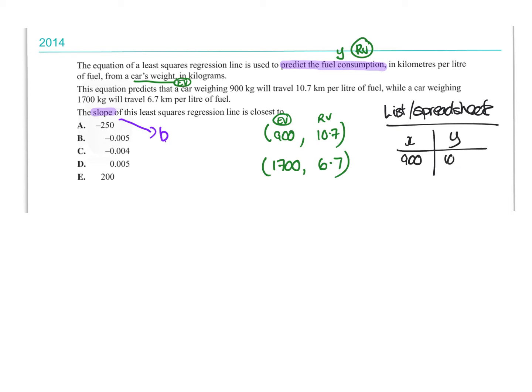Well, we're at 900, 10.7, 1700, 6.7. Do your linreg and your A plus BX, and you're looking for the B value. So B will end up being 0.004 if you do that.